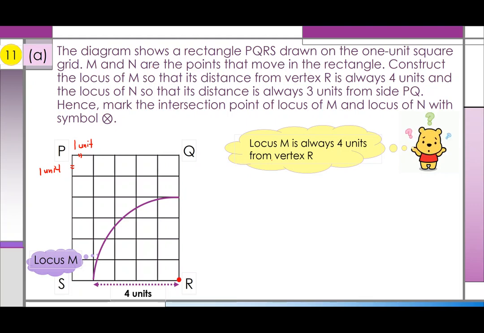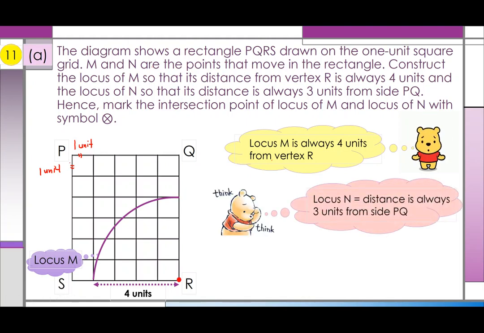Second, locus N, the distance is always 3 units from side PQ. From PQ it must always be 3 units. So you measure 3 units from here.